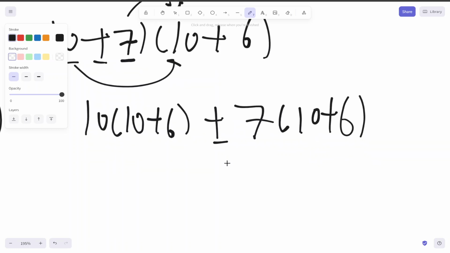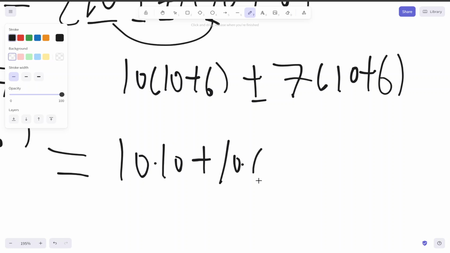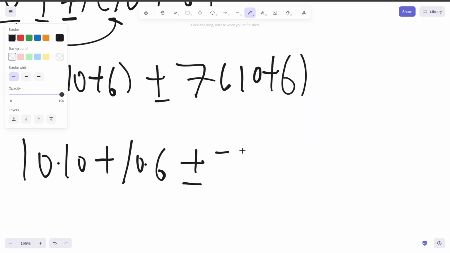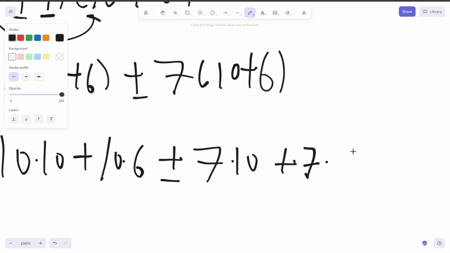Then we can expand this even further into 10 times 10, where I use this dot to mean multiplication, plus 10 times 6, plus, this is the original plus here, 7 times 10, plus 7 times 6.